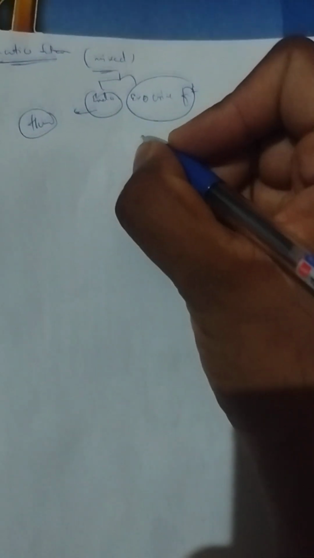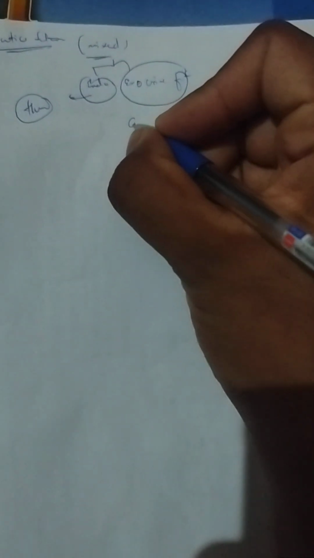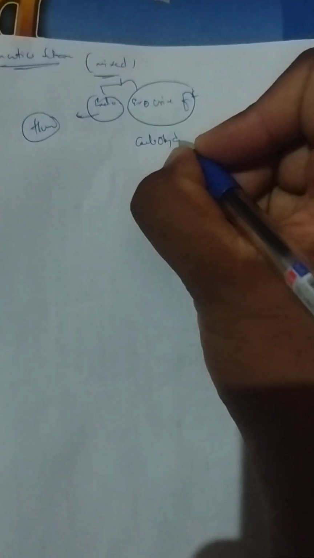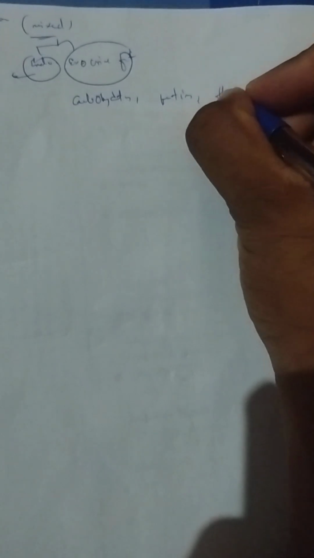For time's sake, we will discuss the exocrine function of the pancreas. Pancreatic secretions help in the digestion of carbohydrates, proteins and fats.